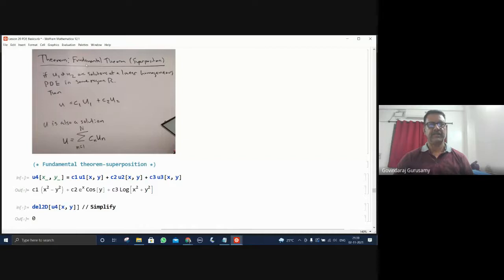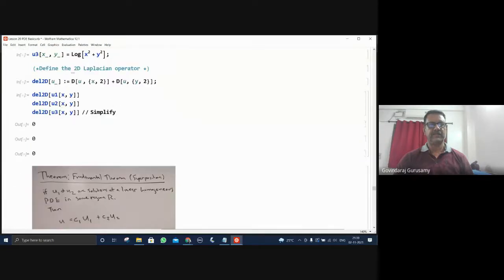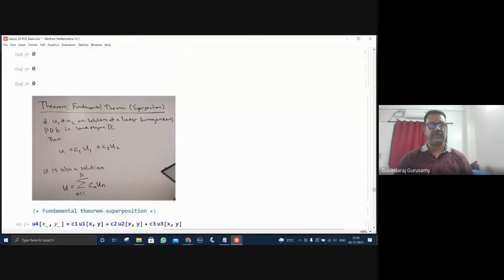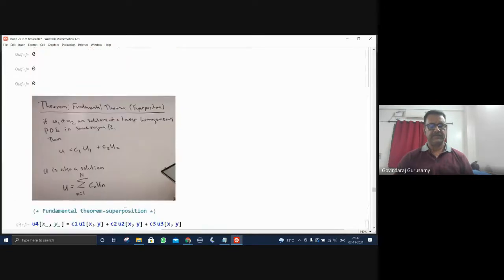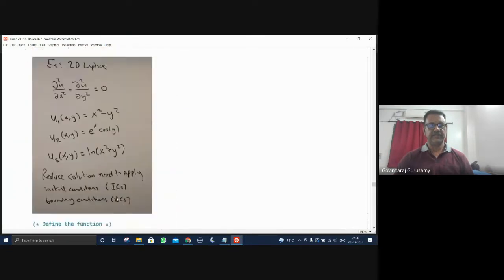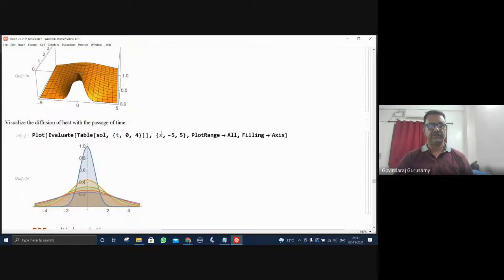That's a fundamental theorem where you have the solutions of the Laplacian type and you can always make a linear combination of them, add all of them and put it over there. See, U4, which is a sum of all the 3, is also satisfying. So you can see the linear combination also works out so nicely. That's the condition where it is satisfying this kind of an equation.